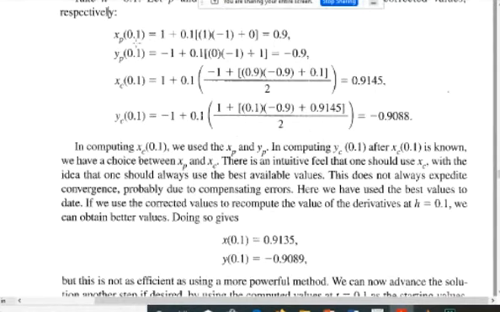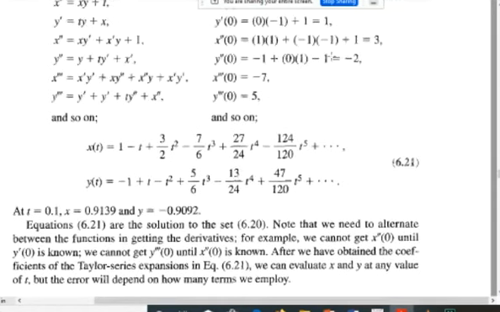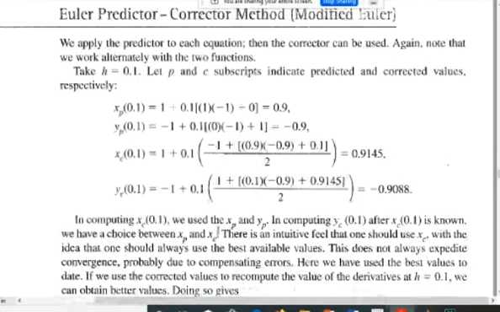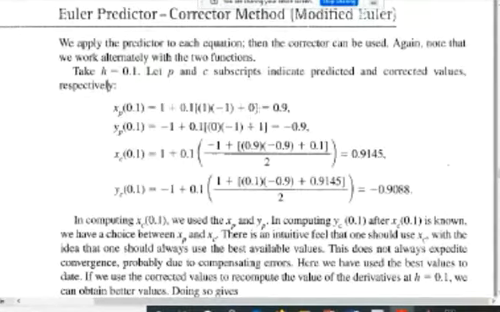X at the next step equals x at the initial point plus h times f(x, y), or x prime equals xy plus t. Here x1 is 1 minus 1 plus t, with t at the last previous step 0.9.